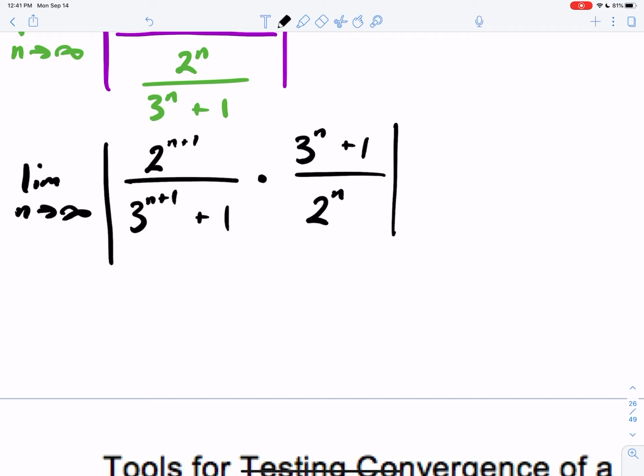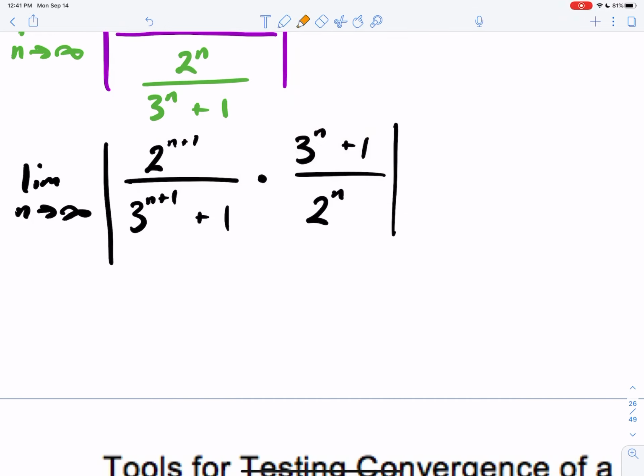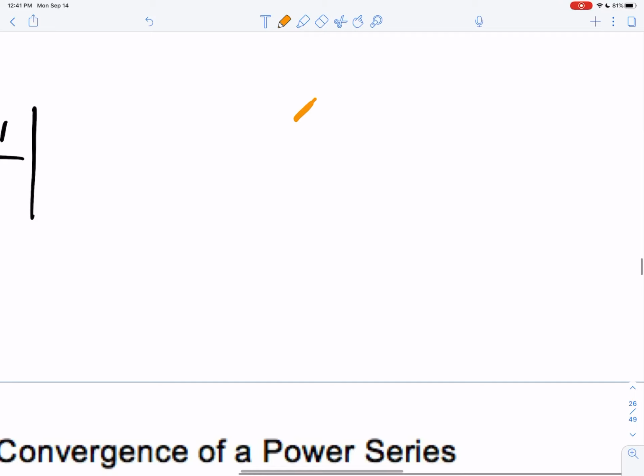Here, this 2 to the n plus 1. Let me do a quick sidebar with you guys before I come back to that problem, okay? x to the 4th times x squared is, by law of exponents, you add your exponents.